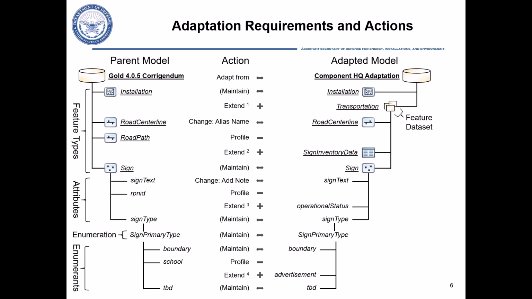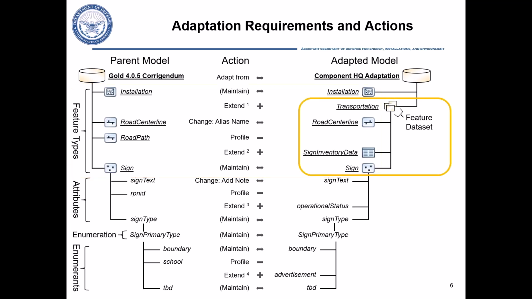For entities, only 3 of the 259 found in the parent model are maintained in the adaptation. The rest are profiled. The sign inventory data entity is added, making 4 total in the adaptation, and the alias of the road centerline entity is changed.